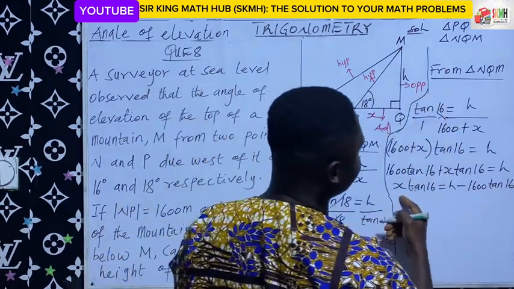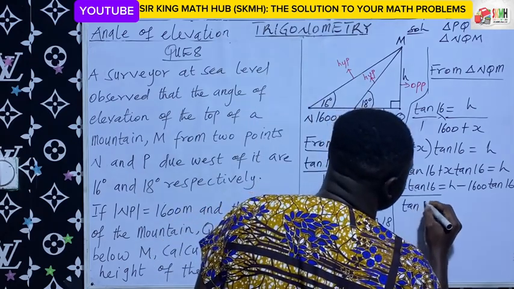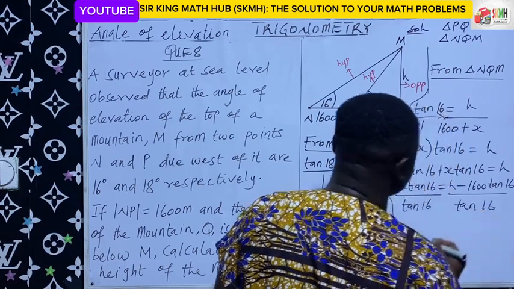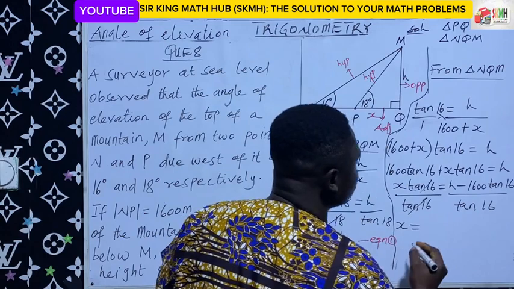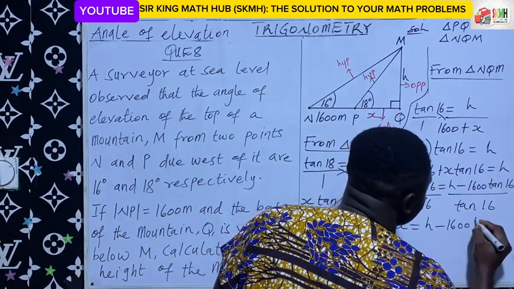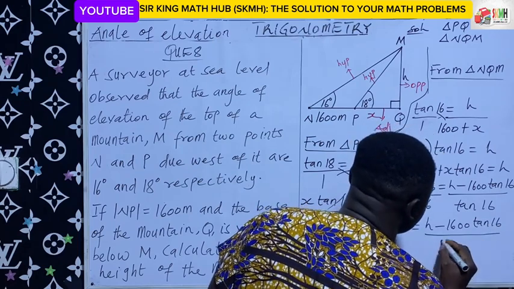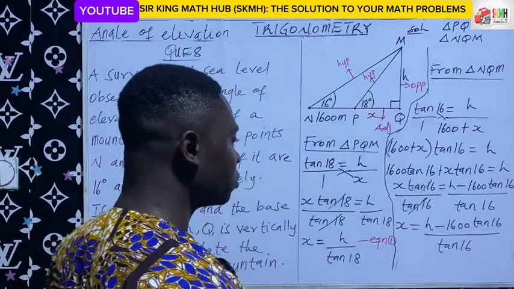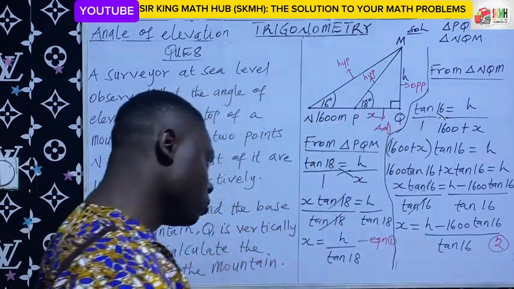So at this point, you can divide both sides by tan 16. So tan 16 will cancel out, leaving x is equal to h minus 1600 tan 16, all divided by tan 16. So I'm labeling this as equation 2.